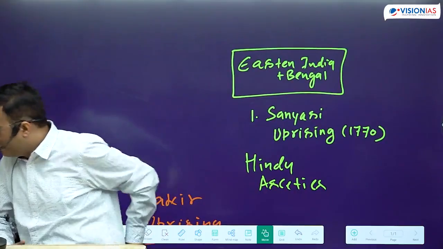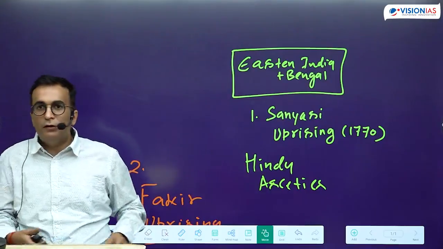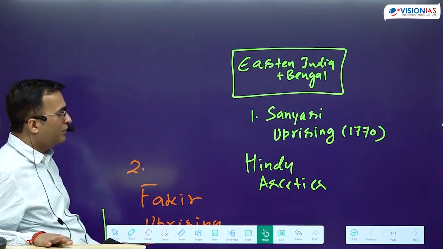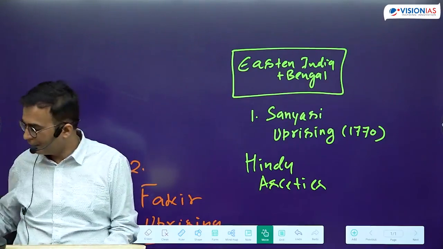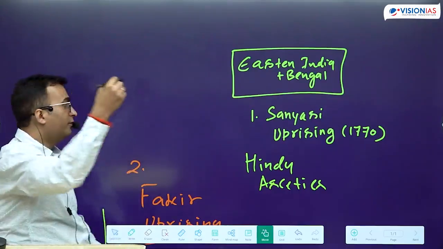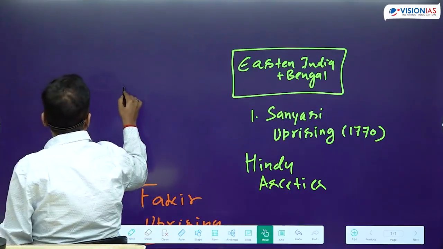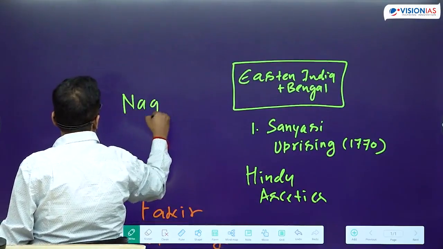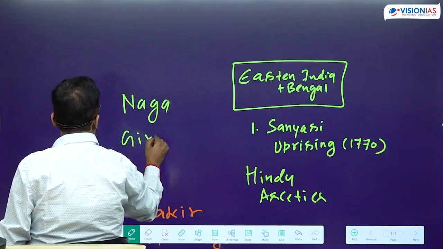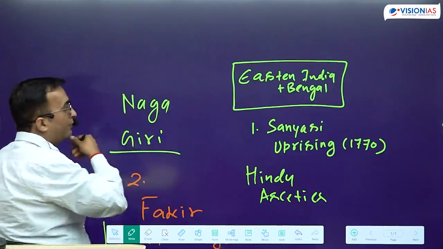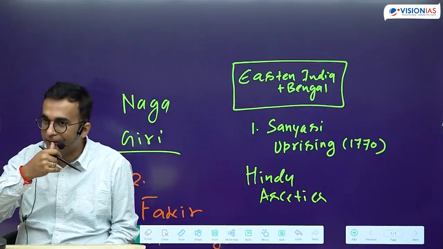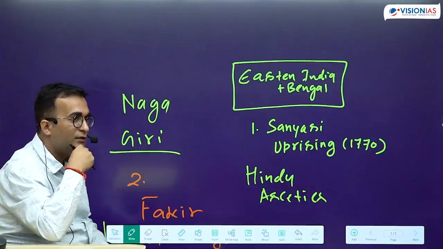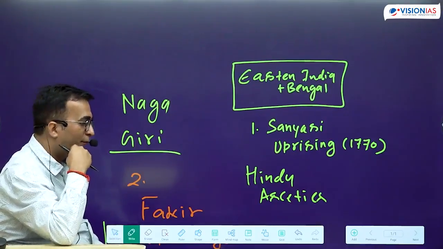In Bengal, a large number of Naga and Giri sannyasis were present.